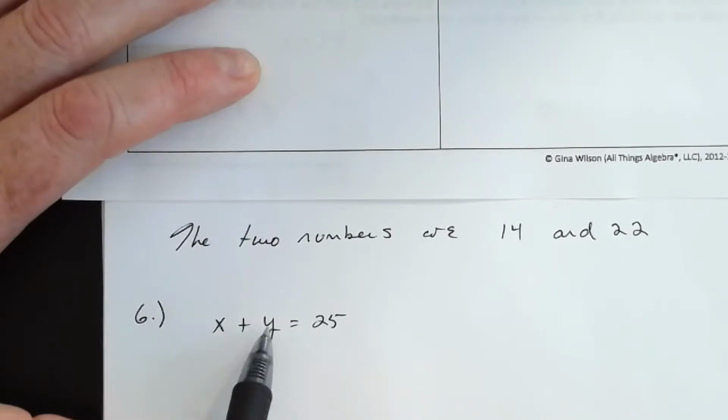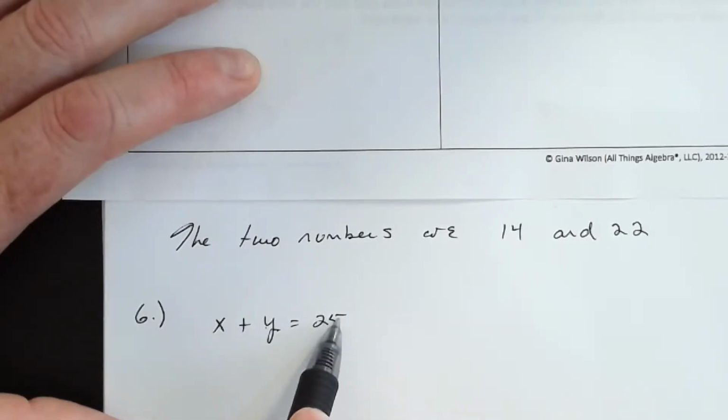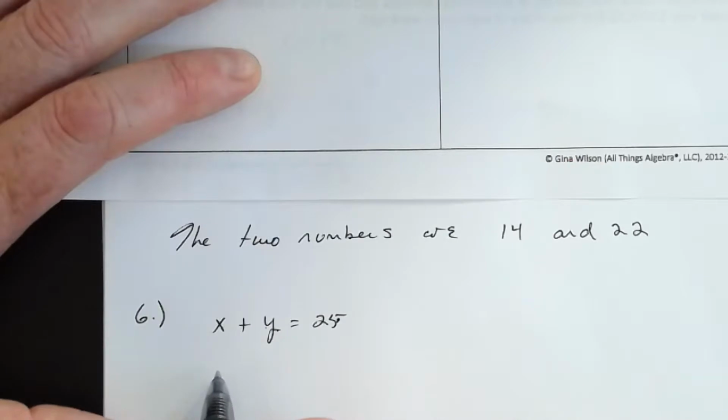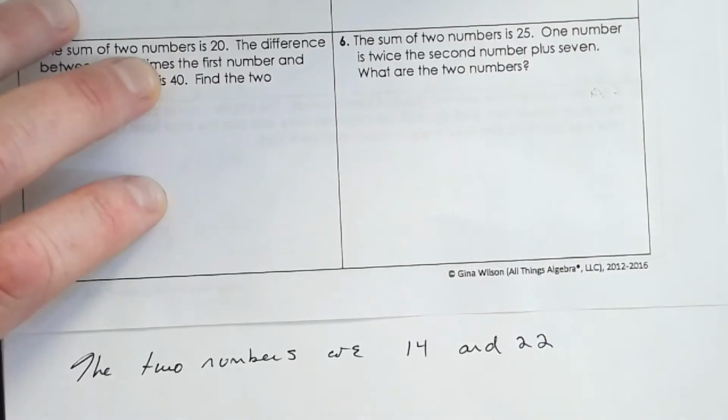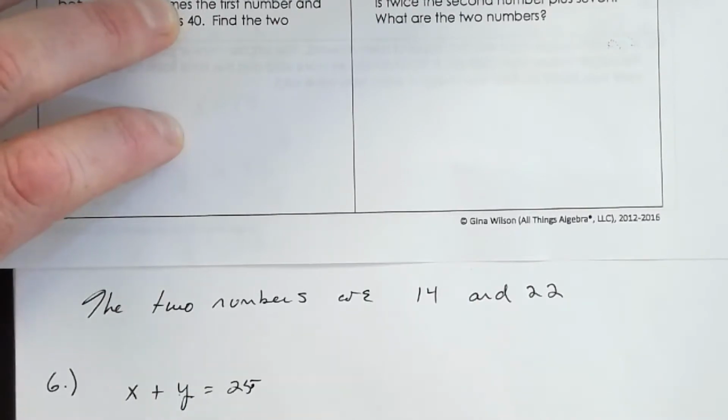So if x plus y is equal to 25, and one of those numbers, whichever one we want it to be, so let's just say x, it doesn't matter which one, just says one of them. One of them is twice the second number, so 2 times y plus 7.